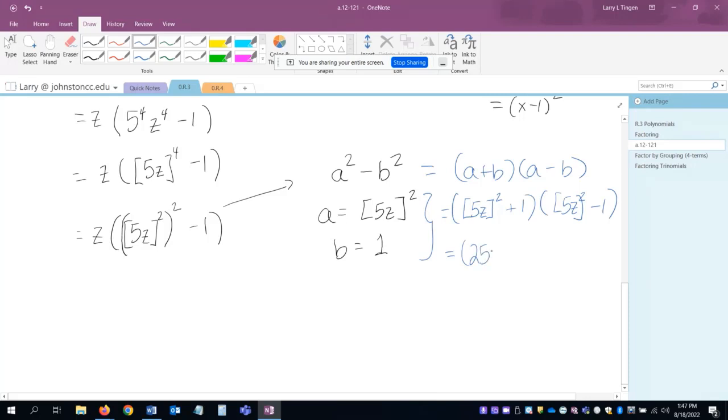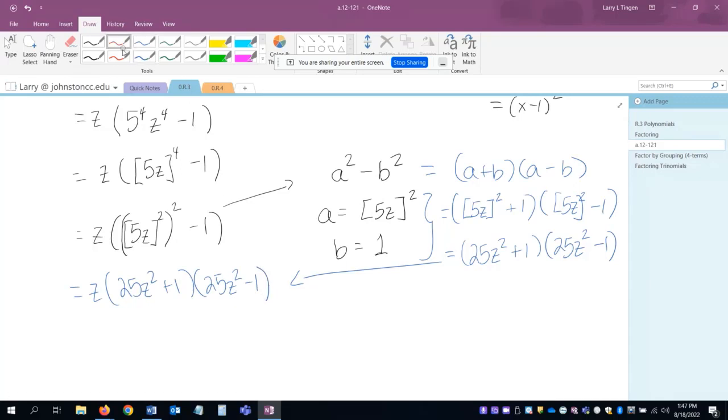That's going to give you 25z squared plus 1 times 25z squared minus 1. So all of that work to come back and say that this is z times 25z squared plus 1 times 25z squared minus 1.